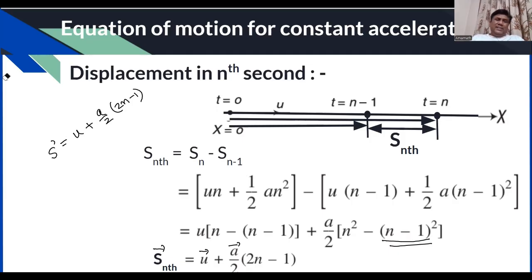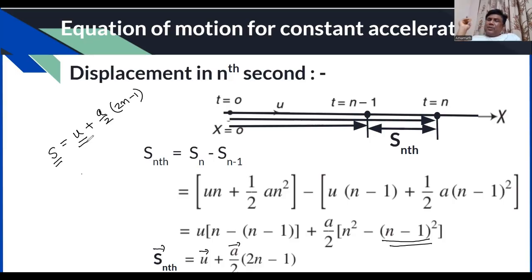But now you see, is the equation dimensionally correct? Because that part is displacement, so the unit is meter, but this part is velocity. So is it dimensionally correct?